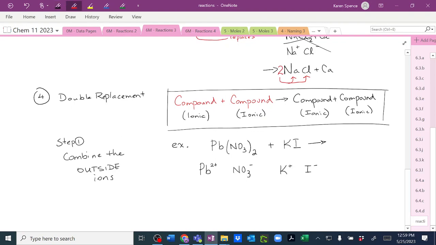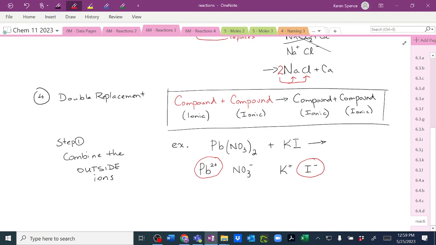I mean the two that are on the far sides. Those are our outside ions, the Pb and the I. The K and the NO3, those are our inside ions. So outside ions, inside ions, outside ions, inside ions. Do it with me.